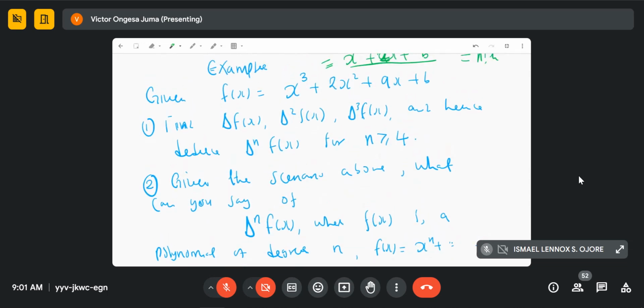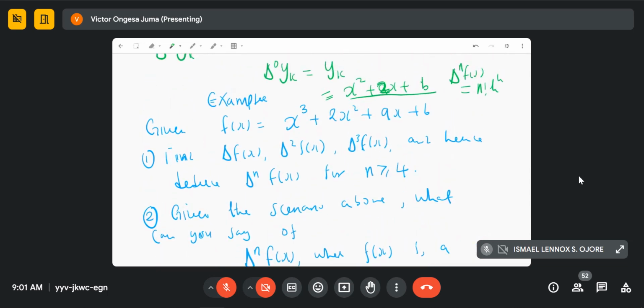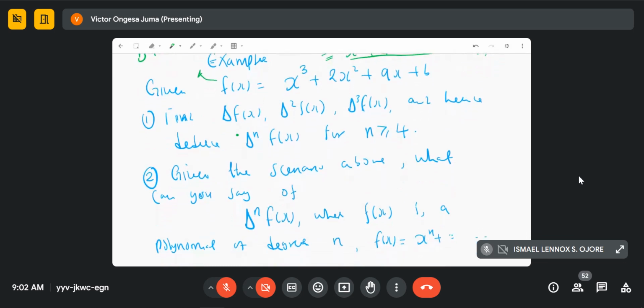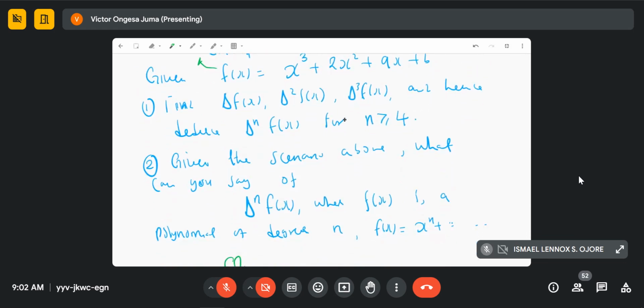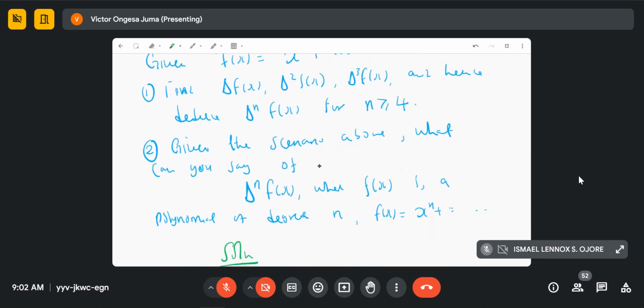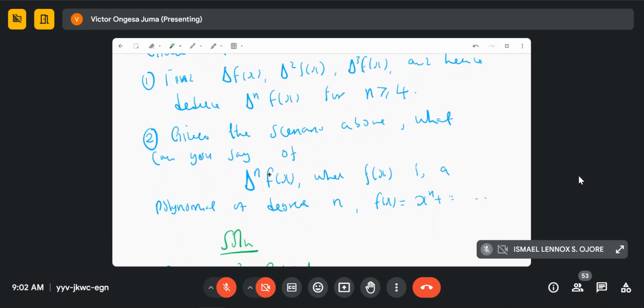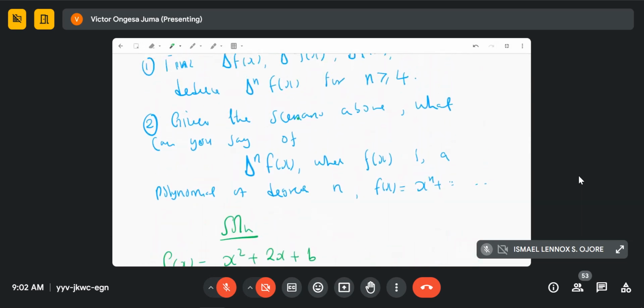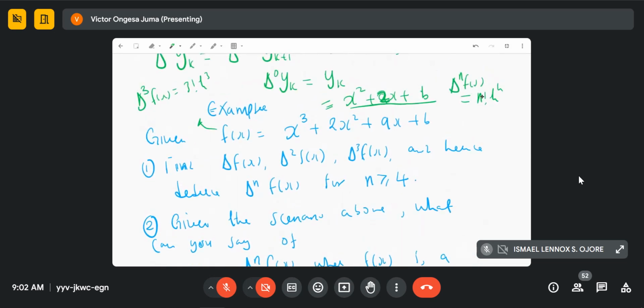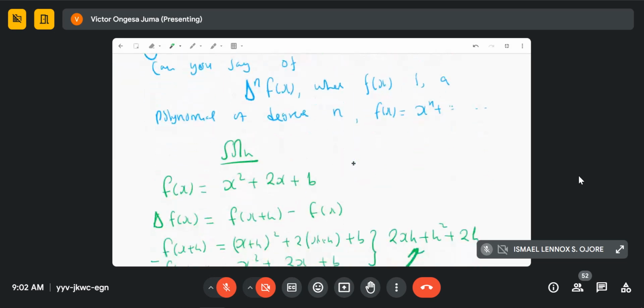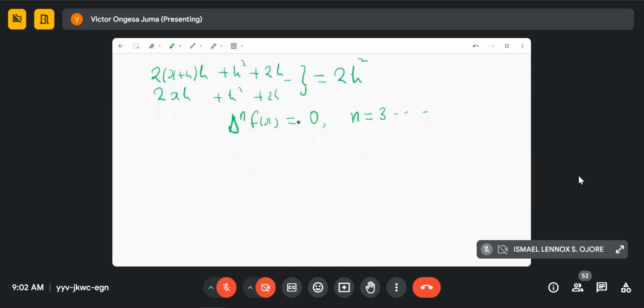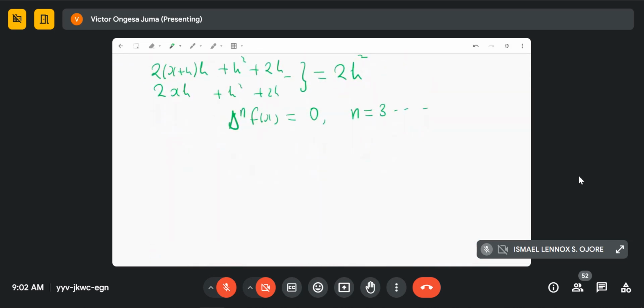If you find the third difference of this function, the third difference will be 3 factorial h to the power 3. And anything above 3 gives you 0. So the conclusion is the same: if you have a polynomial, the nth difference operator is n factorial h to the power n. That's basically what I wanted you to conclude at that point.